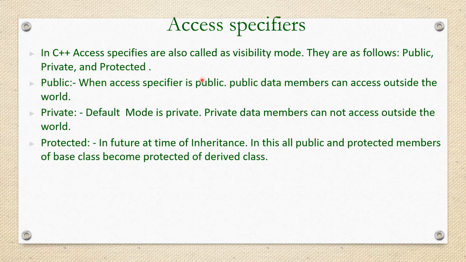When the access specifier is public, then you can access that particular data member or member function outside the world. So basically in void main you can call that member function.